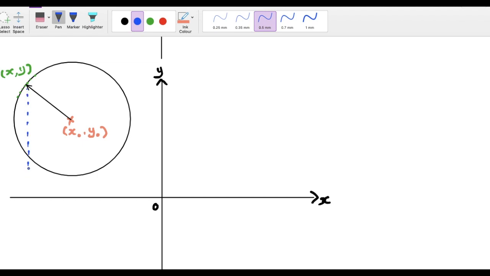Then I will draw a vertical line down, and this point is called X. It's a negative value, yes. And then the perpendicular line to the Y axis is the Y coordinate that forms around the circle. Again, my X naught, Y naught is the center of my circle. Then I apply the Pythagoras theorem.